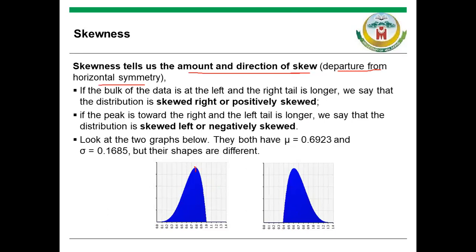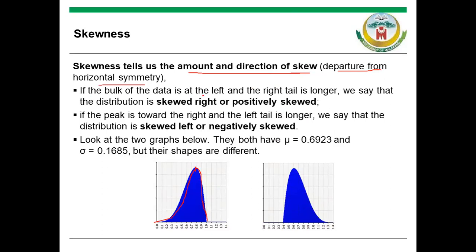Let's say we have this central value, and on this side we have this shape of spread, but on the right side it is not that flat, it is stiff, while here on the left it is somehow flat, and on the right it is stiff. So this is skewness, how stiff it is or how flat it is.